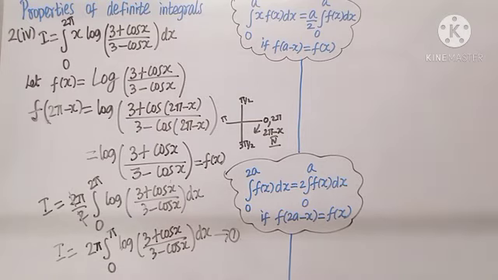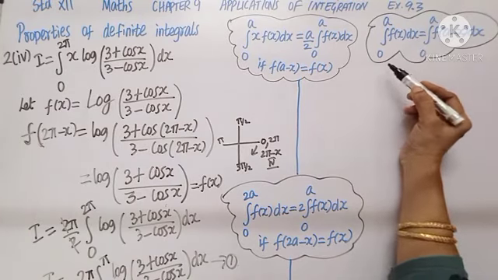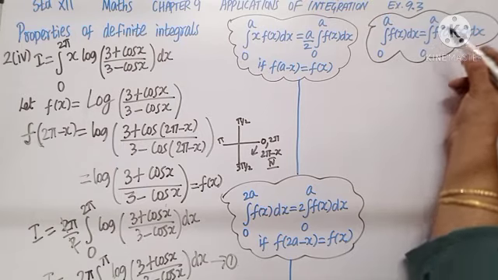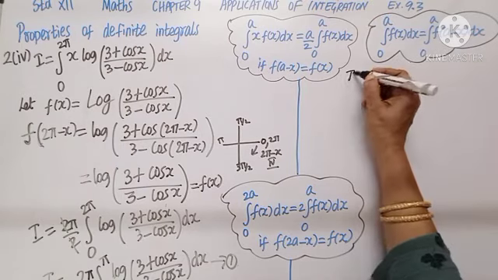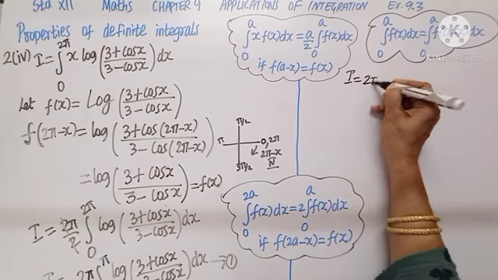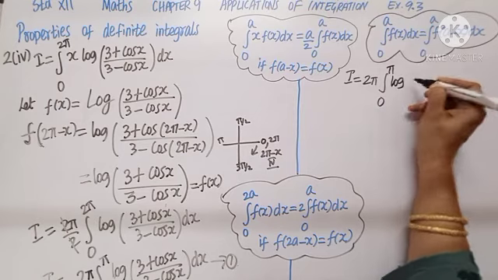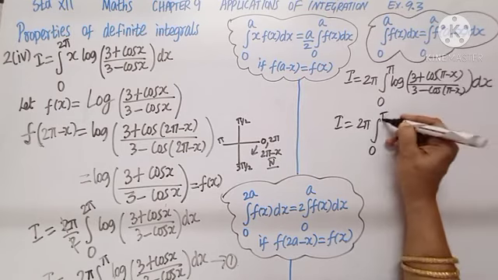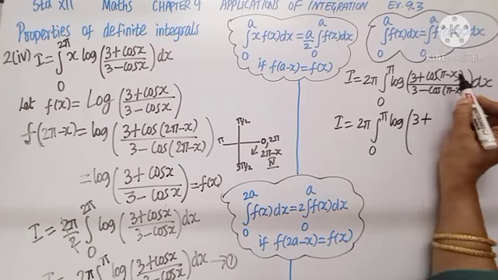The next step. Use the property integral 0 to a of f of x dx equals integral 0 to a of f of a minus x dx. So I equals 2 pi integral 0 to pi. Wherever x is coming, let us put pi minus x. Log of 3 plus cos of pi minus x.